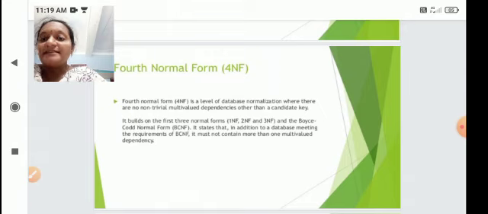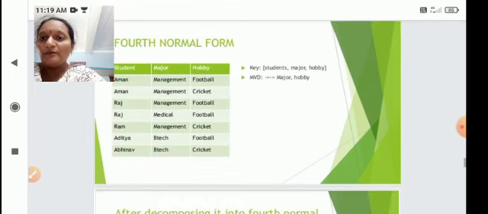It states that in addition to meeting the requirements of BCNF, the database must not contain more than one multi-valued dependency. We already know second normal form deals with functional dependency and third normal form with transitive dependency, and this one deals with multi-valued dependency in fourth normal form.